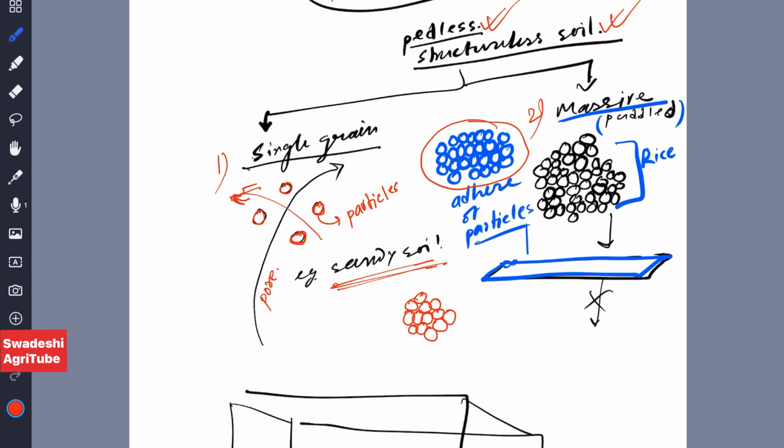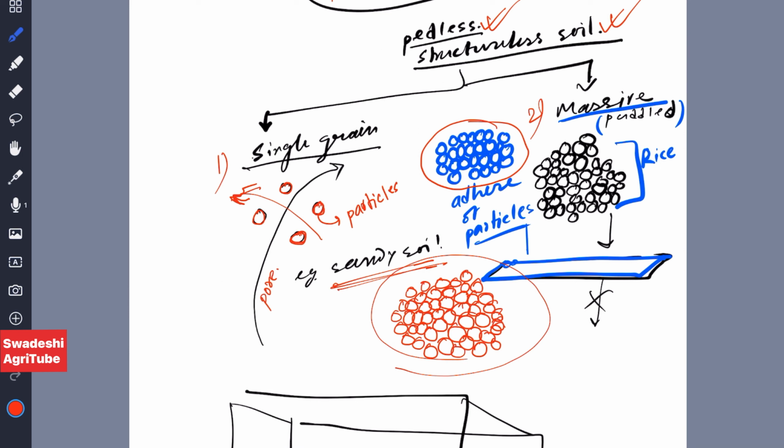Don't think these are peds, these are not peds, but they are massively adhered to each other. That means there is very little chance of having peds, and that's why this kind of soil is called a massive or puddled structureless soil.